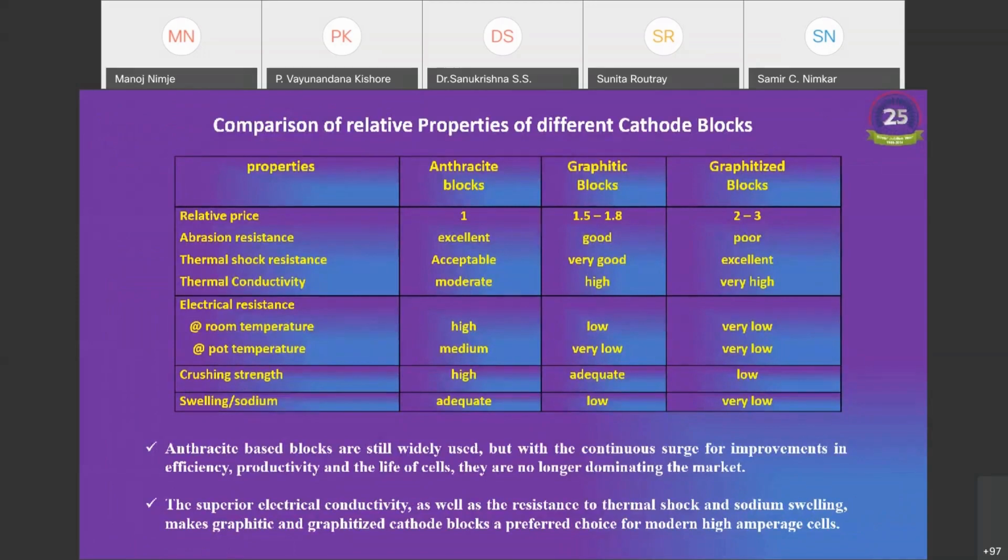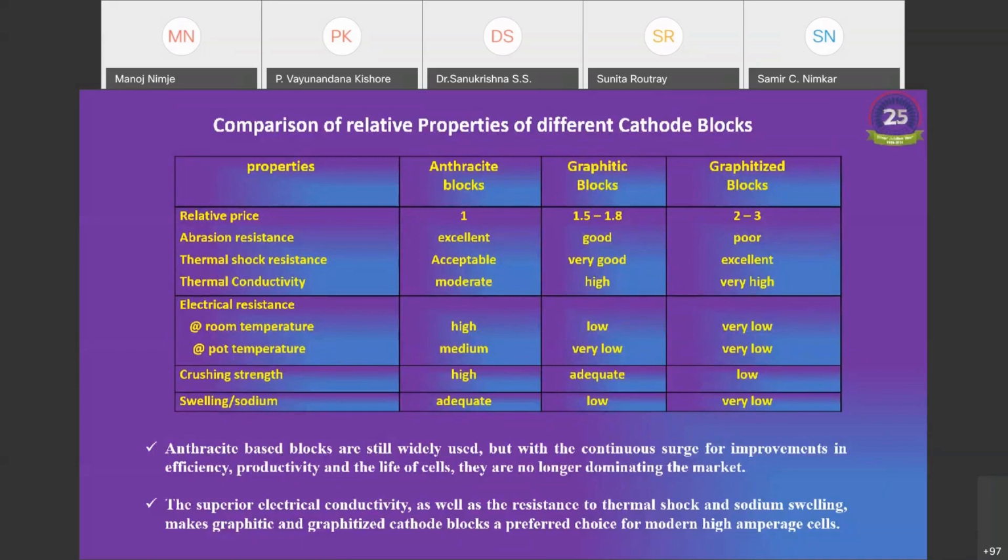For example, if the relative price of an anthracite-based cathode block is 1, then the relative price of a graphitic carbon cathode block is 1.5 to 1.8 times higher than the anthracite blocks, whereas the price of graphite cathode blocks is 2 to 3 times higher than the anthracite blocks.